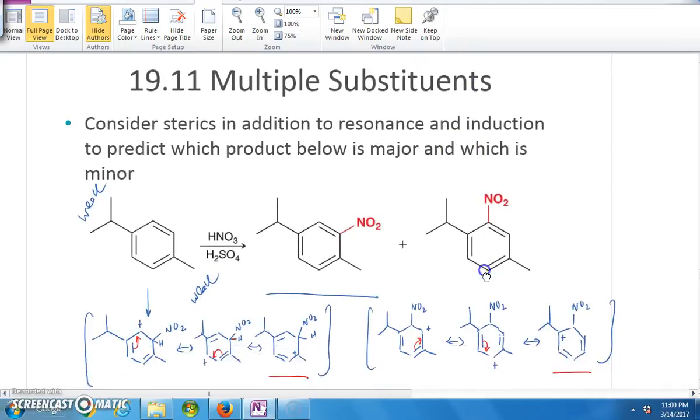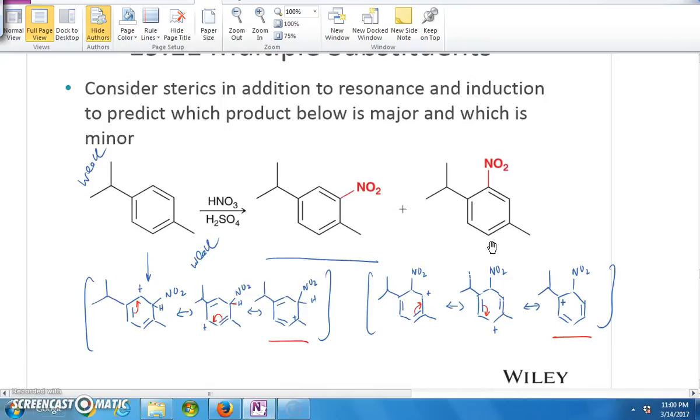Now, when you consider these two alkyl groups, we can account for these two products. Of course, this is going to be the major product, and this is going to be minor because of this bulky group here.